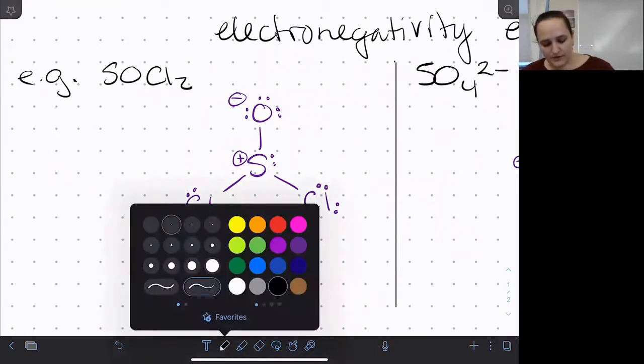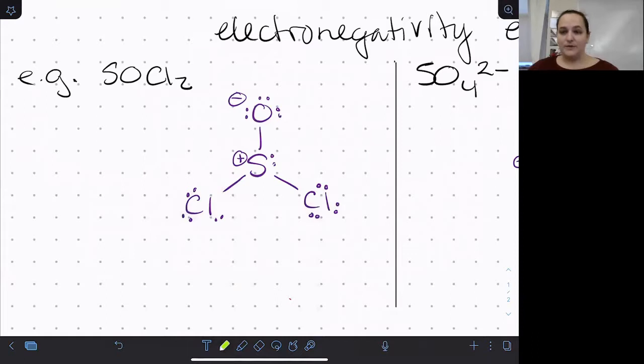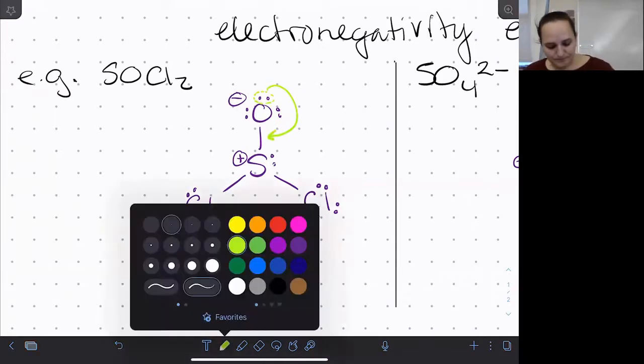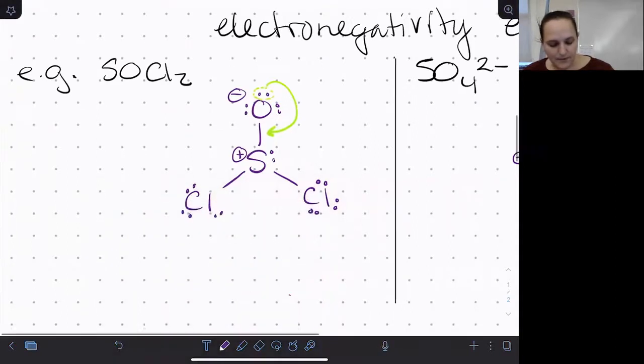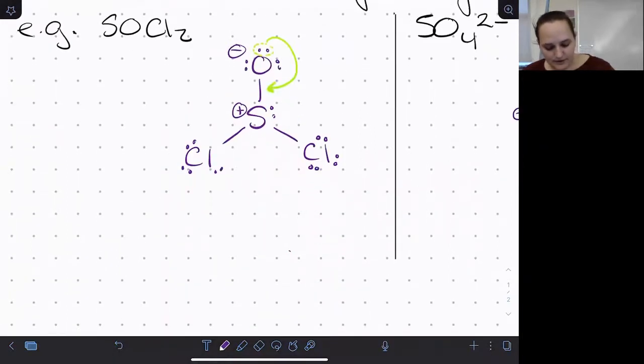So what we can do to actually make this more stable is create a double bond, move some electrons away from this negative formal charge, take one of these lone pairs, and make it into a double bond instead. So what we end up with is everything else stays the same, but we have a double bond here, and this oxygen will only have 2 lone pairs.